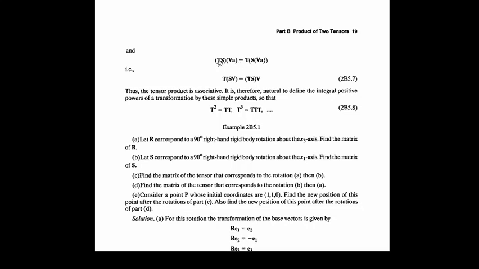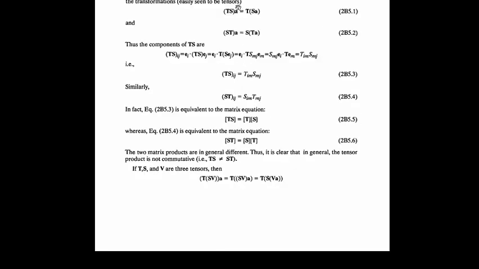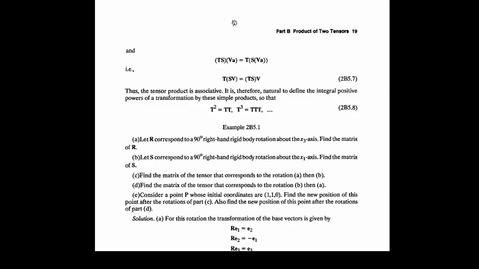Then again you can use this step after that first step, that you will take TS as one and V another. So TS at VA using the definition of this thing. Then you will use as T of S of VA, using VA is another vector, and you have TS will act on VA and will give you T of SVA.